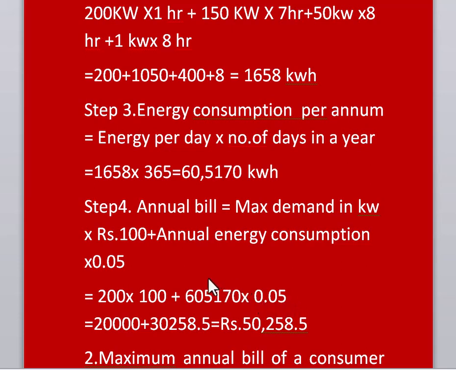This will give the bill corresponding to the annual energy consumption, whereas this is the bill corresponding to the maximum demand. Adding these, we get here 20,000 plus 30,258.5, and that leads to 50,258.5 rupees.